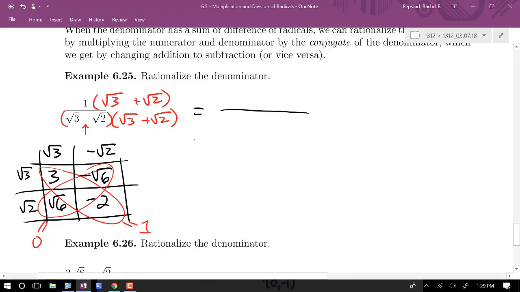So going back here, our denominator is now 1, and the top is just root 3 plus root 2.